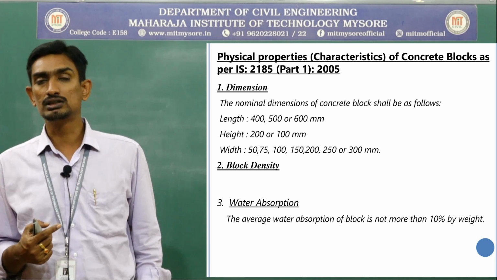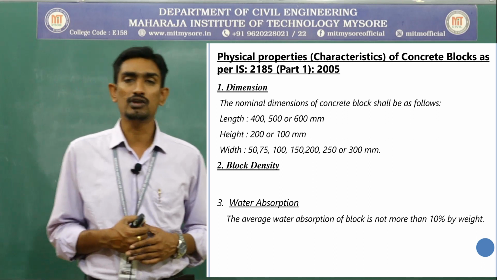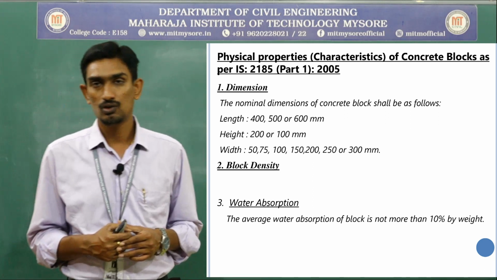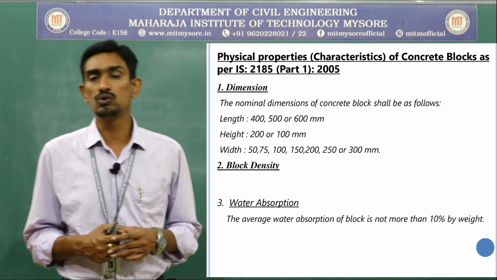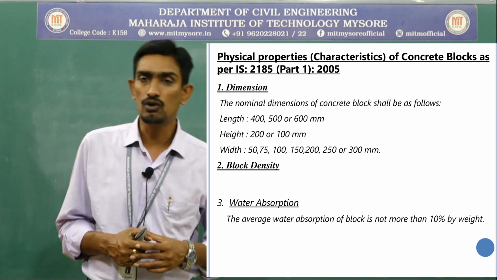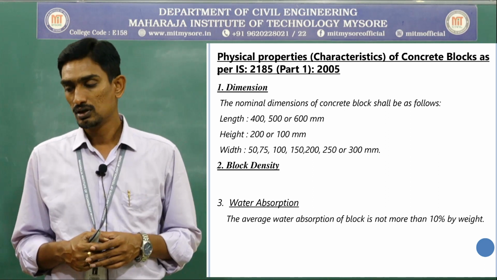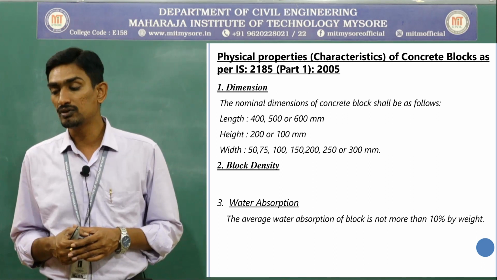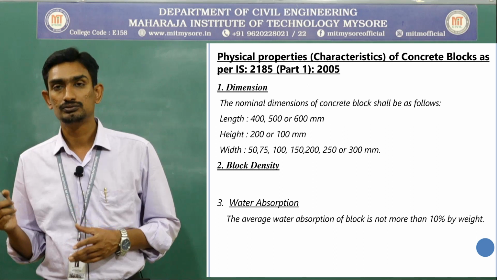4-inch block, 6-inch block, because in the market we do not use millimeters, we use inches. 1 inch is equal to 25 millimeter, therefore 4 inch means 100 millimeter. Next, width: we can see 50, 75, 100, 150, 200, 250 and so on.